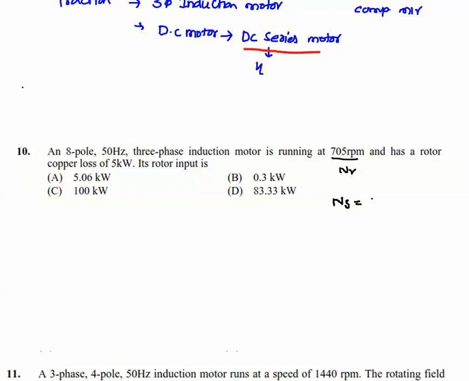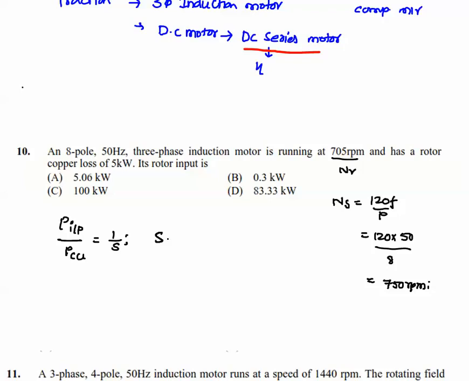Ns is equal to 120 F by P, which is 120 into the given frequency of 50 Hz divided by the number of poles, 8 poles. This is equal to 750 rpm. The formula here is the power input to the rotor divided by the copper losses is equal to 1 by S.